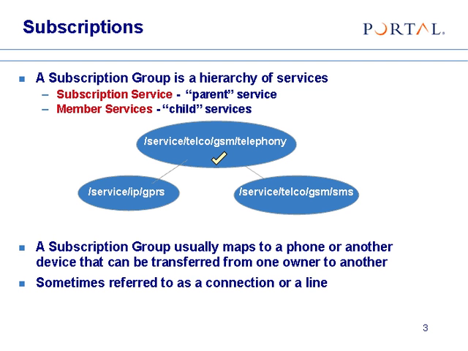Okay, so a subscription group usually maps to a phone or another device that can be transferred from one owner to another. Typically in a large corporation, you might have a phone that has services associated with it, and if that employee leaves, you can take that line and transfer the subscription to another employee.